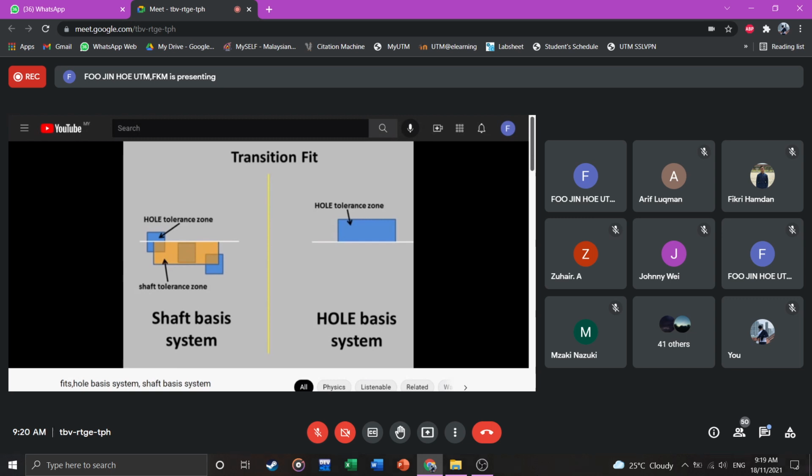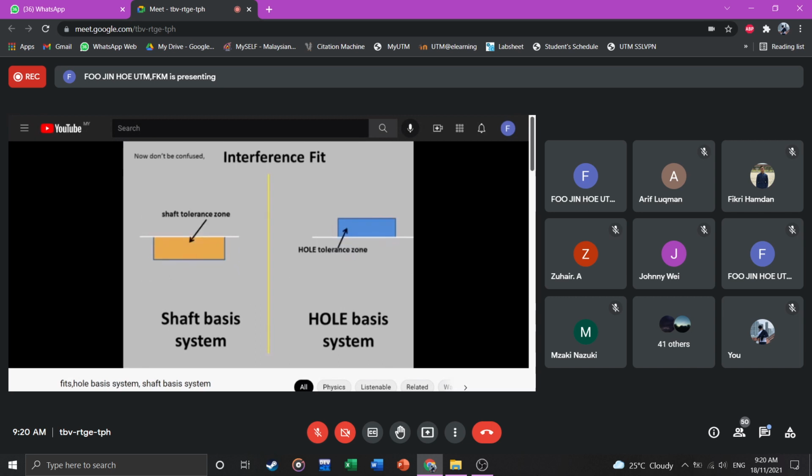Similarly, in the hole basis system, the hole tolerance zone position is fixed, and in order to get the transition fit, the shaft tolerance zone position is moving like this.